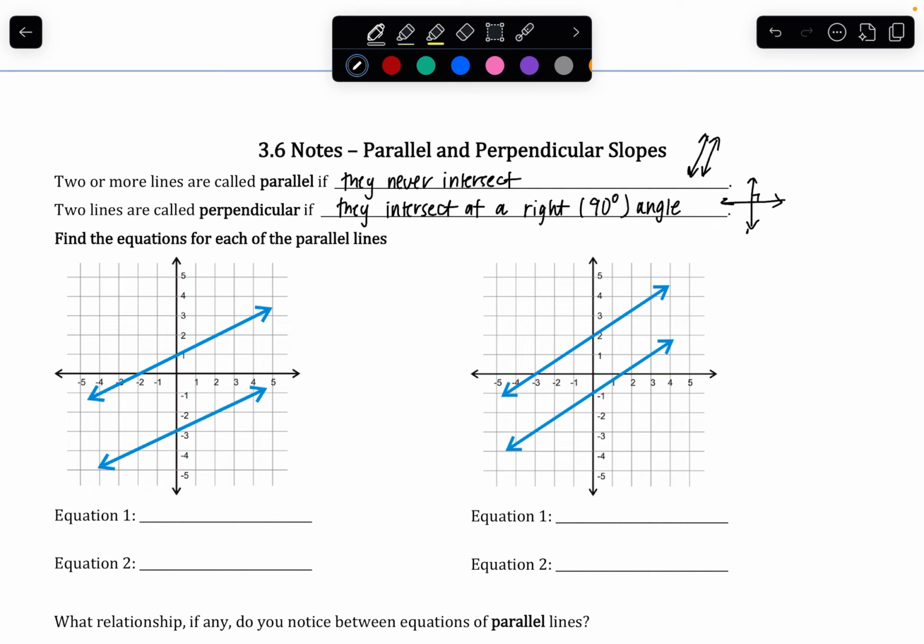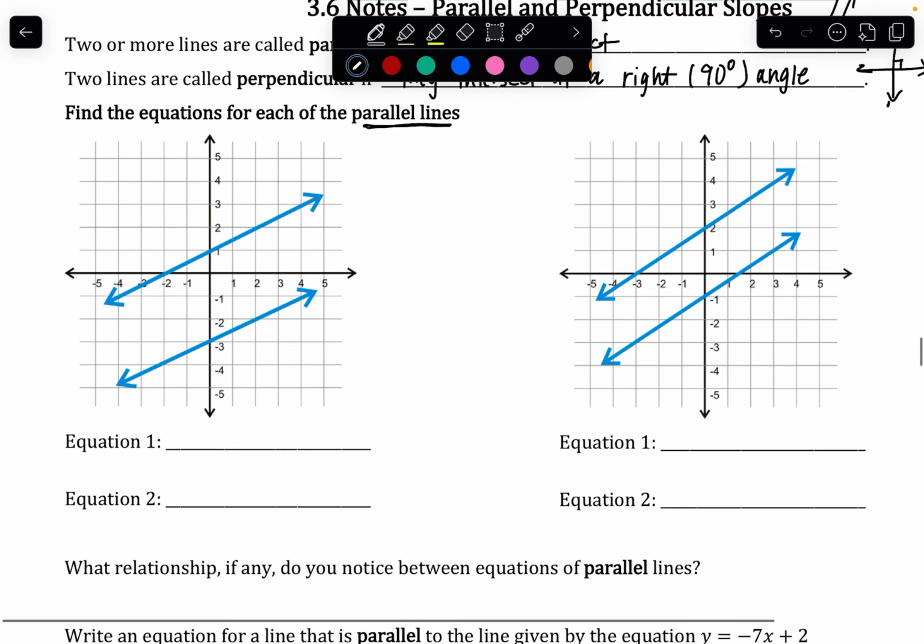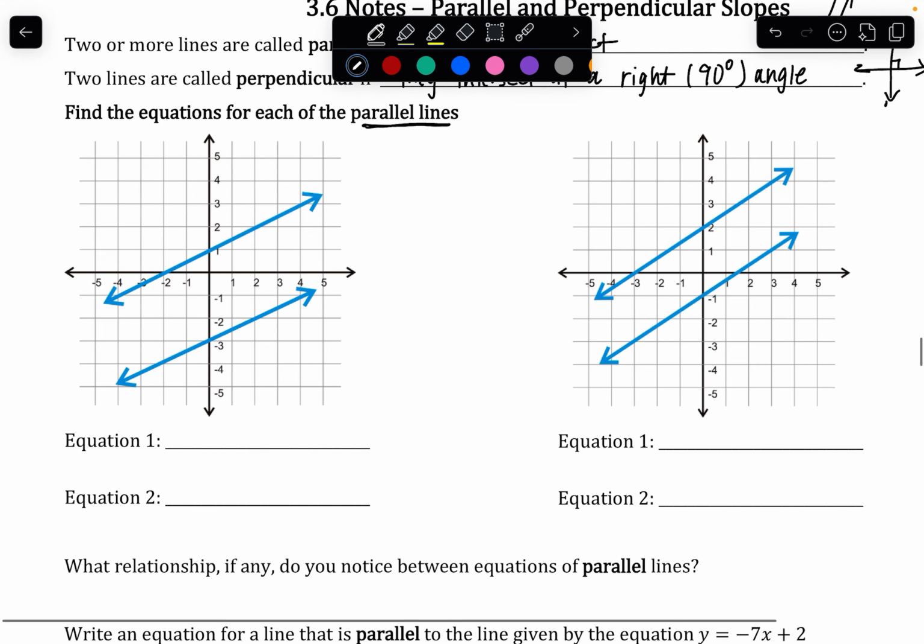They could be horizontal and vertical, or you could have a situation where they're both slanted, something like that. We have two parallel lines in these next two examples, and we're going to practice writing their equations. I'm going to call this equation 1 and this one equation 2.